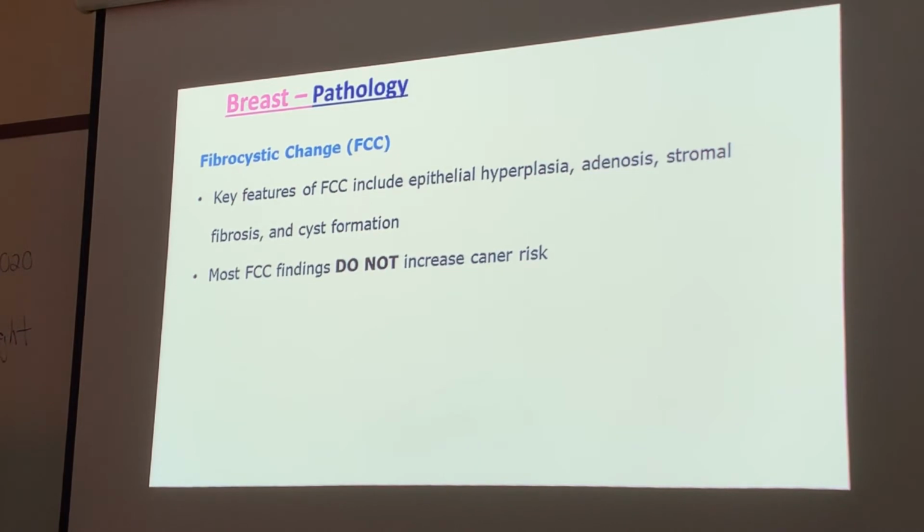Some key features of fibrocystic change include epithelial hyperplasia, adenosis, stromal fibrosis, meaning the tissue outside of the TDLUs, that's the stroma, and fibrosis, meaning it's getting enlarged, and cyst formation. Most fibrocystic change findings do not increase cancer risk. So fibrocystic change is a normal change in the woman's body as they get older, with hormonal changes.